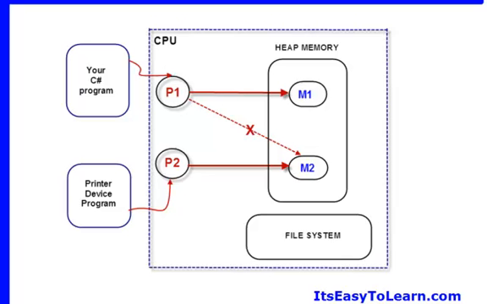Now, a very important rule. Every process can access only the memory which is allocated to it. For example, if P1 is allocated memory M1, P1 cannot access the memory of process P2, which is M2.